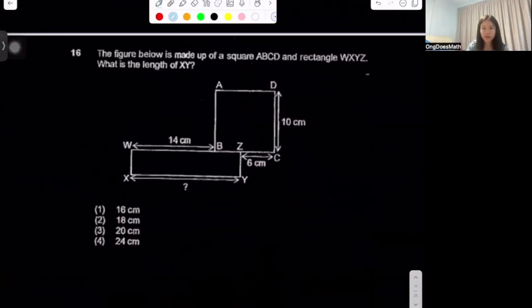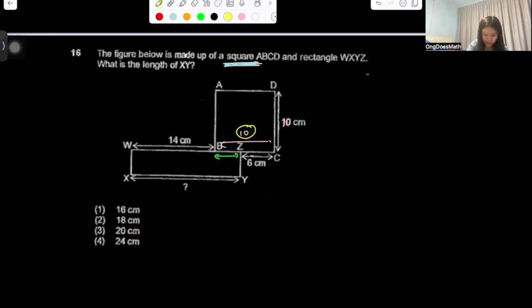The figure below is made out of a square ABCD and rectangle WXYZ. What is the length of XY? So what's so special about square? Is that all sides are the same. Cool. Which means that if here is 10 cm, this guy must also be 10 cm, which means that this small guy over here will just be 10 minus 6, right?